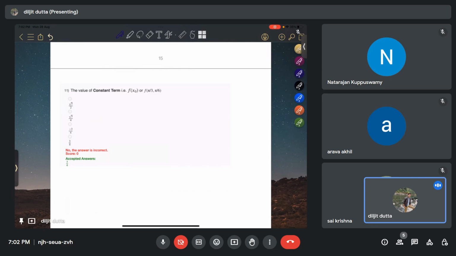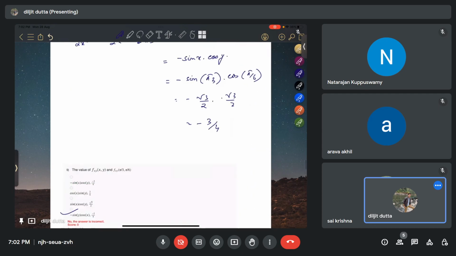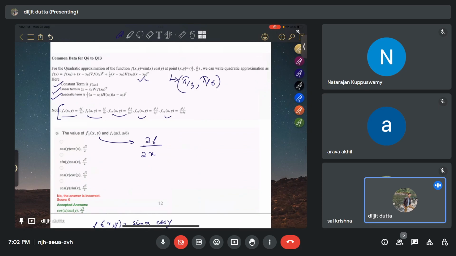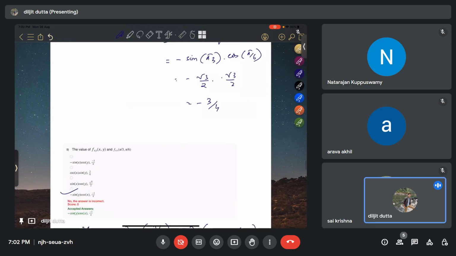Now the value of the constant term f of x naught, you can directly take sin x into cos y.